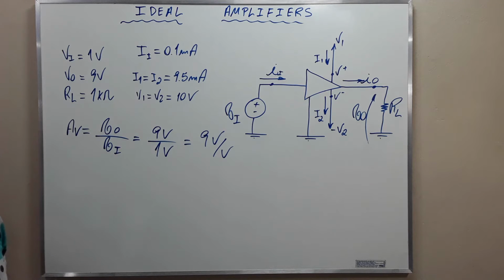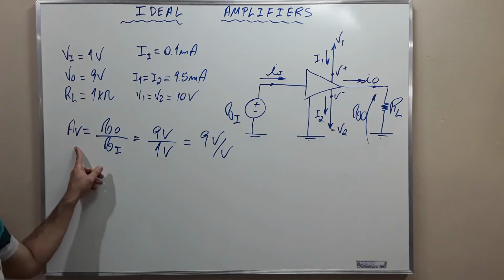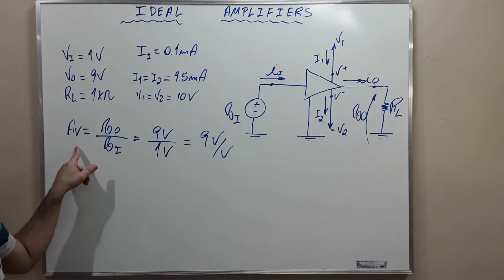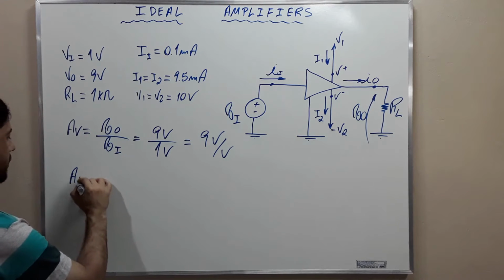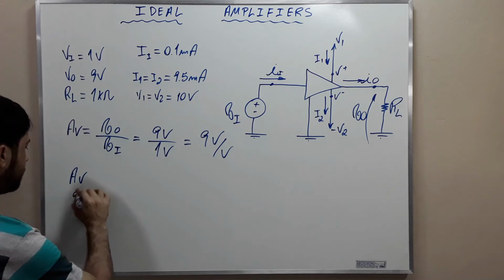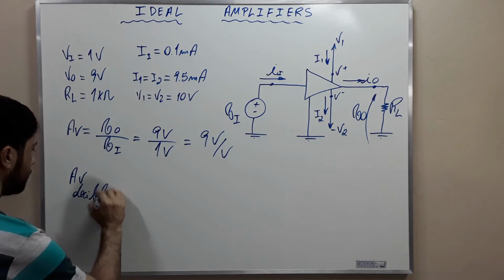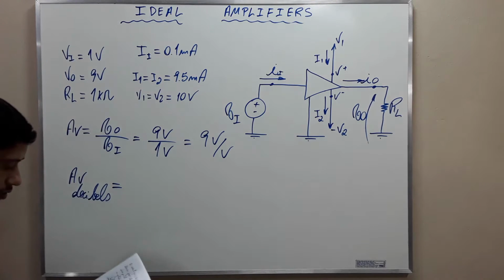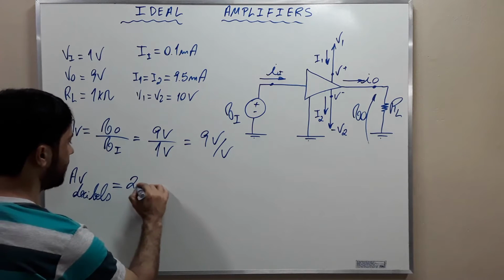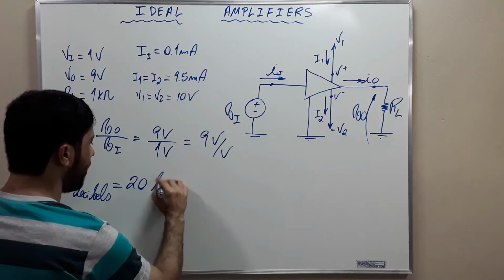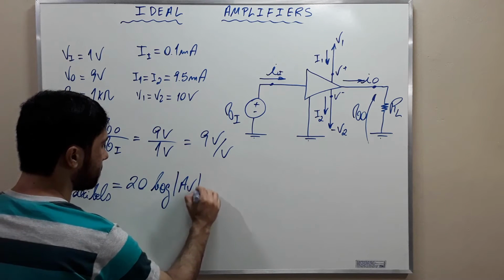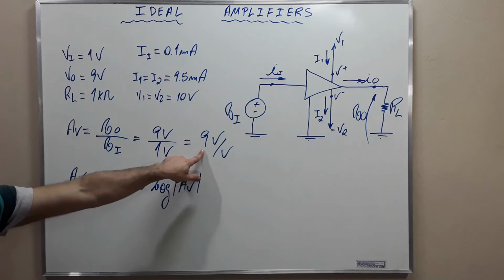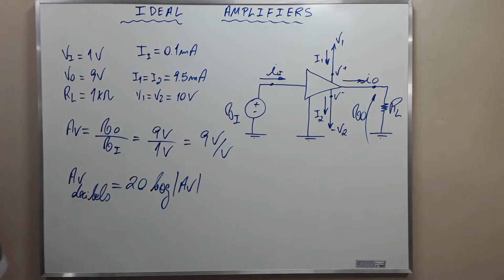And now, using the logarithm, we can express the voltage gain as follows. The voltage gain in decibels is going to be equal to 20 times the logarithm of the voltage gain that we just calculated.